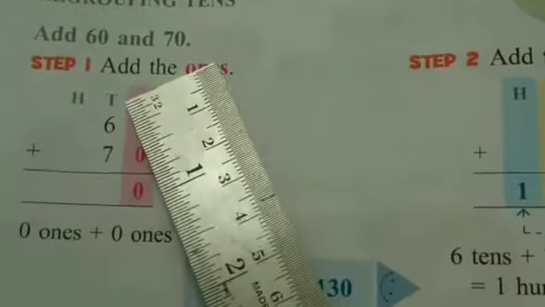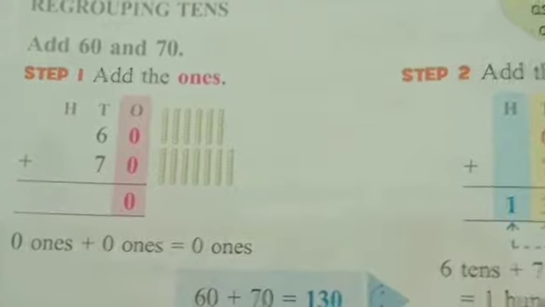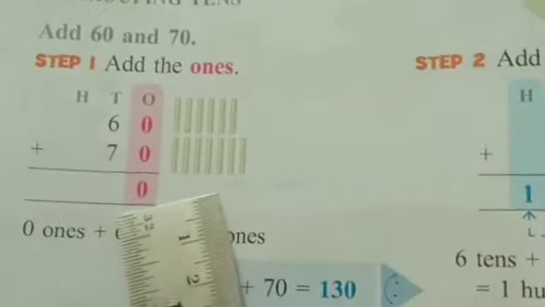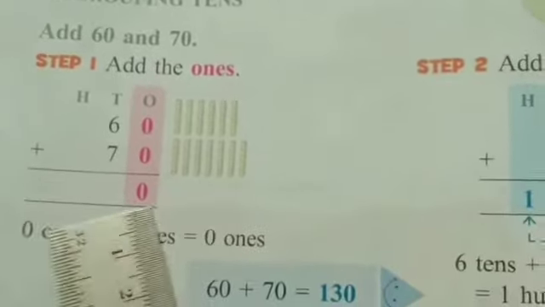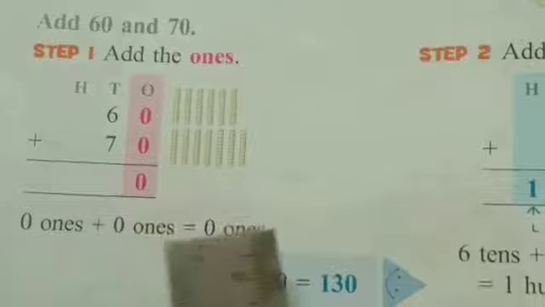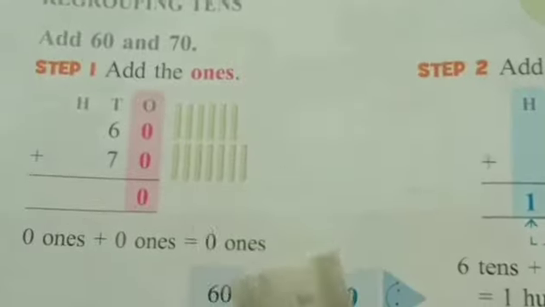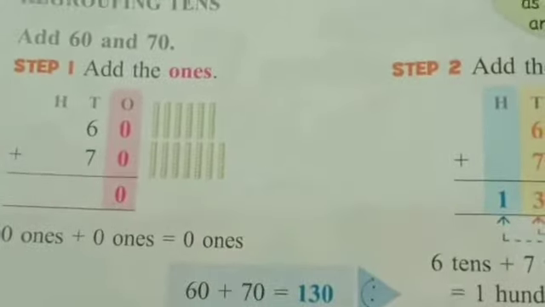In the tens place there is 6 and 7. So we will have to add ones. 0 plus 0 is 0. So 0 ones plus 0 ones is 0 ones. So the answer of ones is 0.